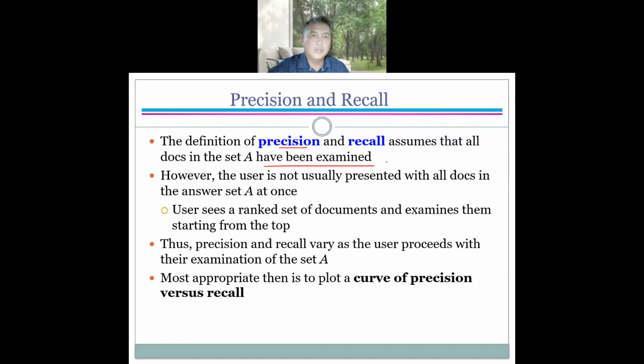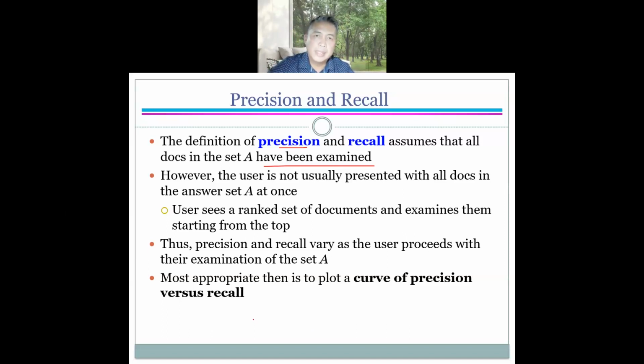However, the user is not usually presented with all documents in the answer set at once. For your information, if you use Google, you may have more than 20 documents given to you. But in this example, we will limit it to, let's say, 10 or 15 or 20 answers given to you.